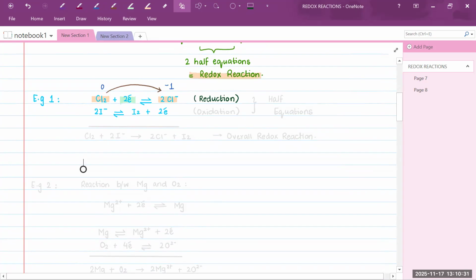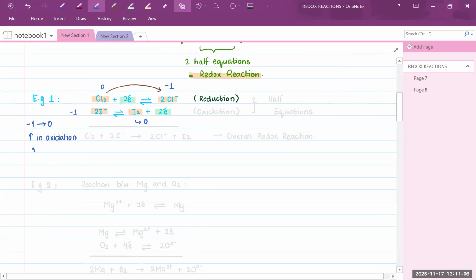And then we have iodide getting converted into iodine, and here we can see there is loss of electrons, so that means it is oxidation. Also, for I minus, the oxidation number is -1, and in here it is 0, so from -1 to 0 it is an increase in oxidation number, right?